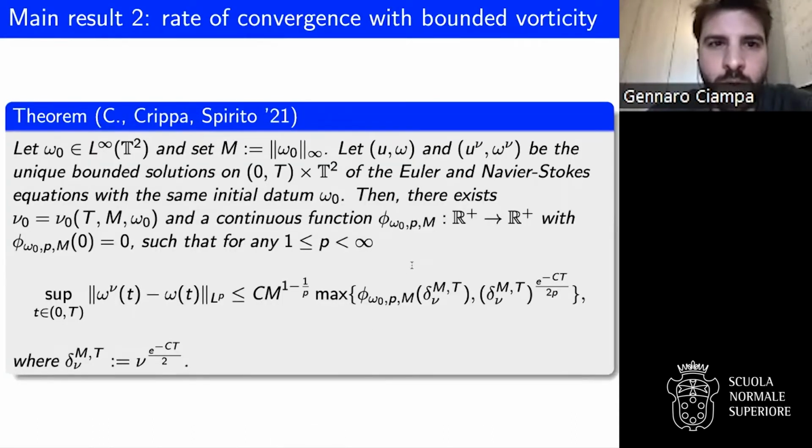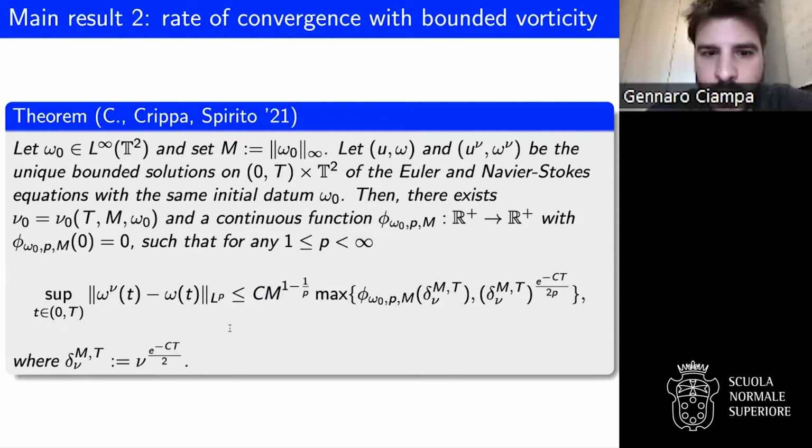Let's now move to the second result. So, the rates. Now we assume that the vorticity is bounded, and we want to use the more integrability for the vorticity, which translates into more regularity for the velocity fields, to obtain an explicit quantification of the convergence in terms of the viscosity.